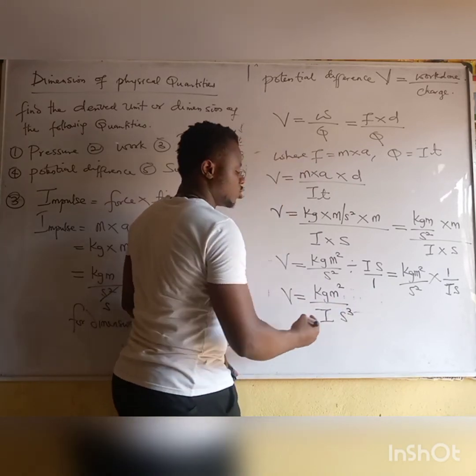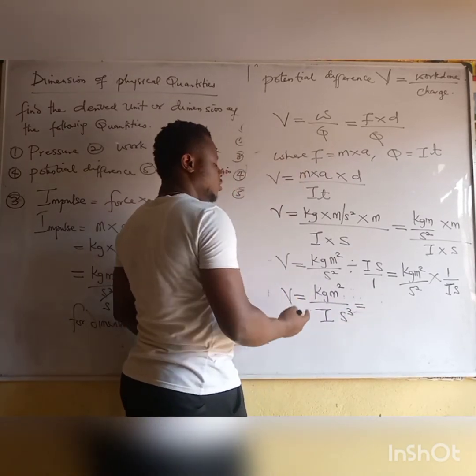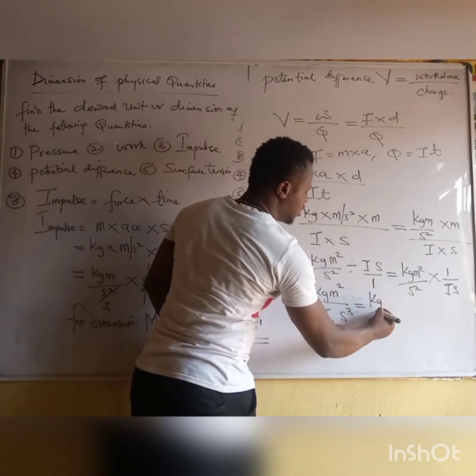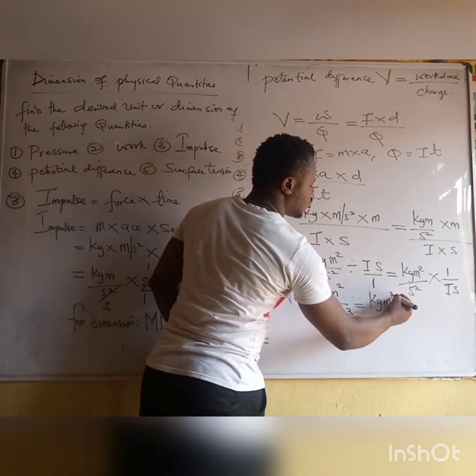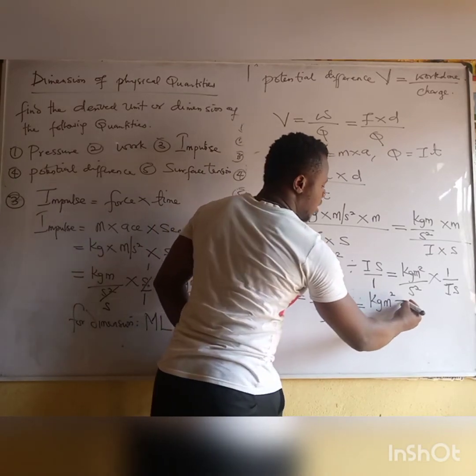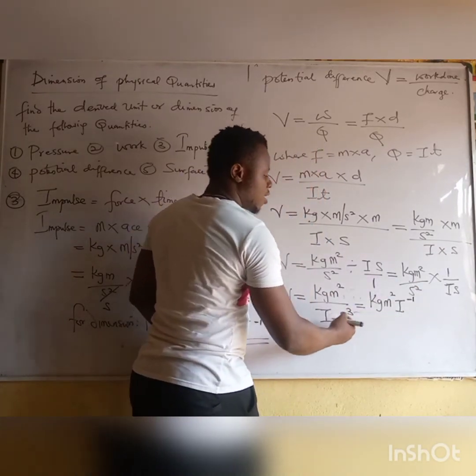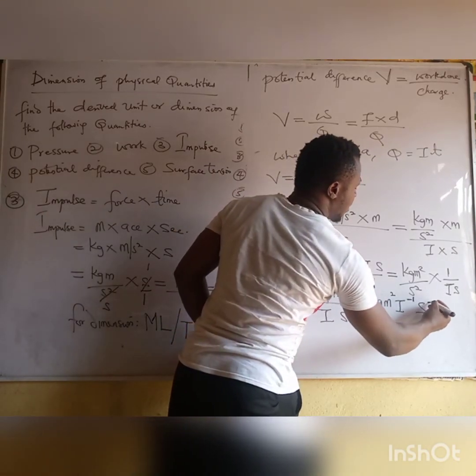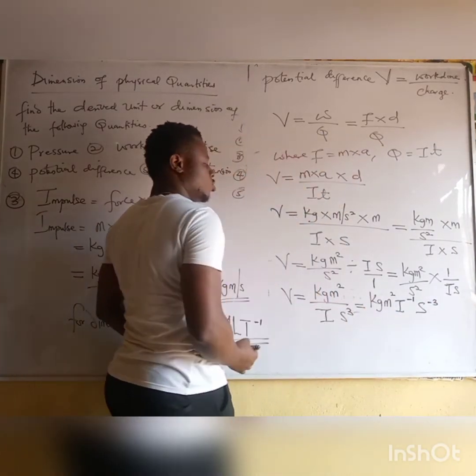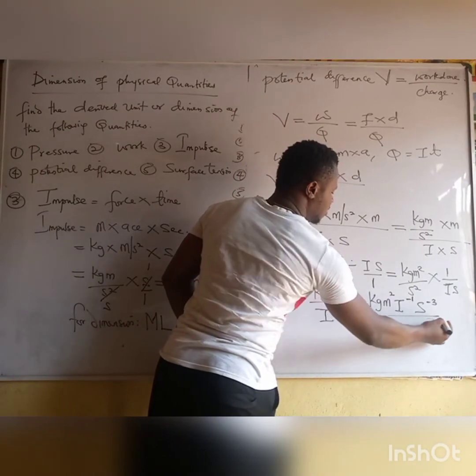IS to the power 3. So therefore, the derived unit of this is kg meter square, current to the power minus 1, then we have S to the power minus 3. So this is the derived unit of this.